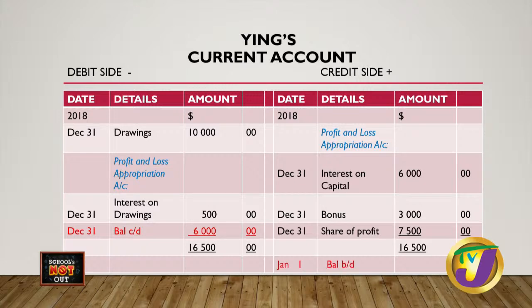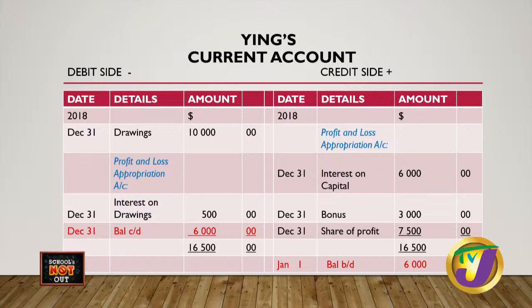Now, on the opposite side, you notice I have the date January 1. But in the details, I have balance BD. You know why? If CD falls on the debit, BD is going to fall on the credit. That's a basic principle. Your CD figure is also the same as your BD figure. What you close with is what you're going to open with.